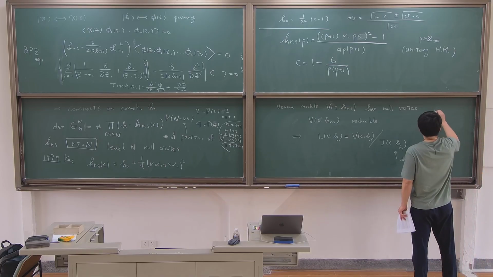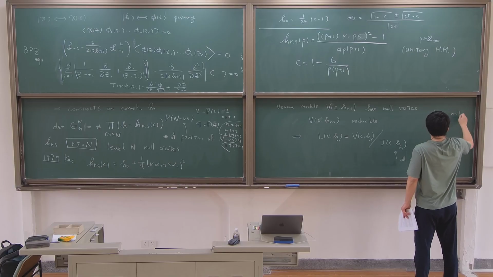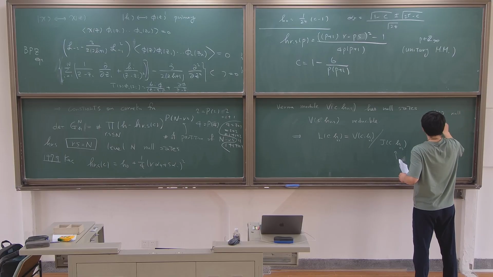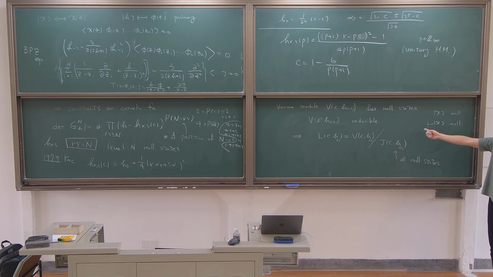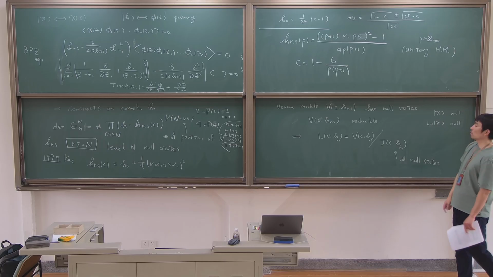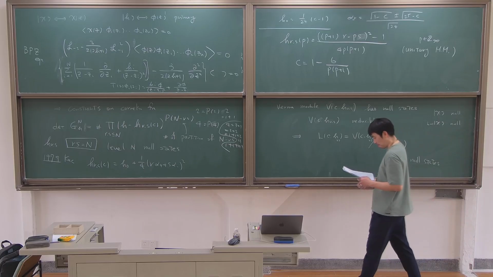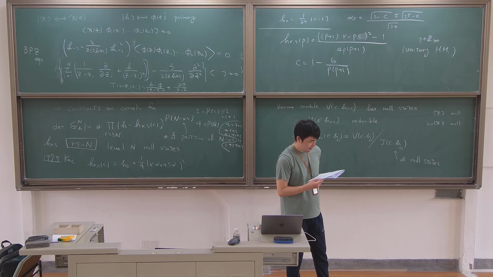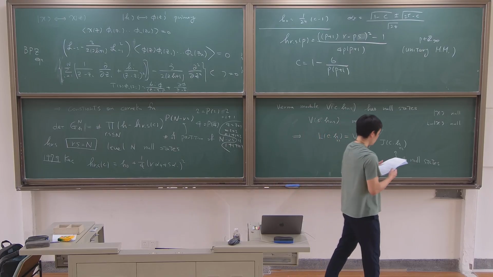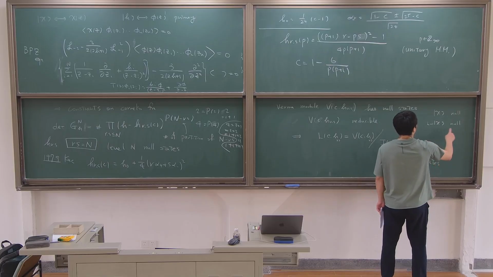So if chi is known, this one is also known. If chi is known, it means that even if you act with whatever modes on chi, it is also null, orthogonal to any state.